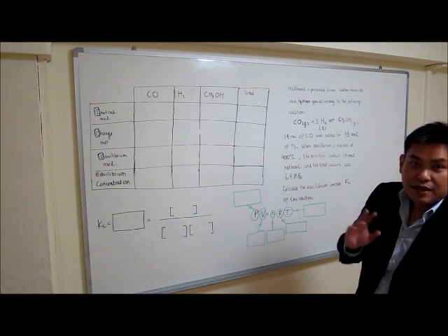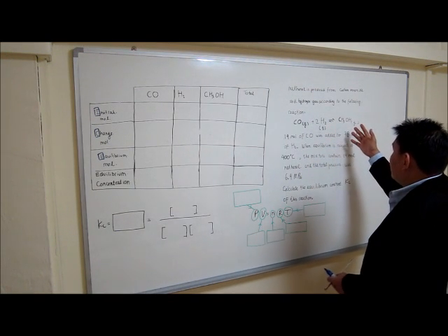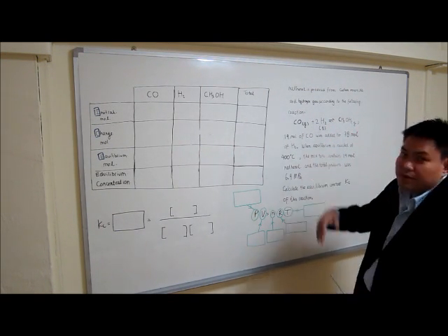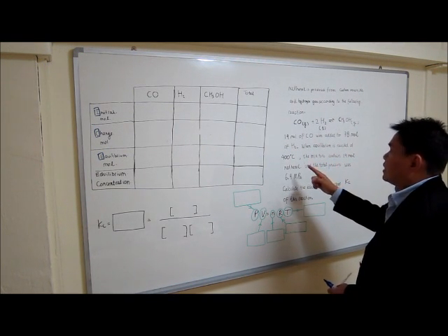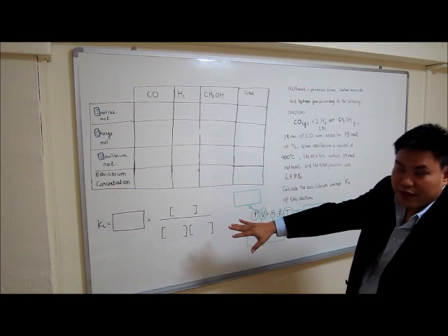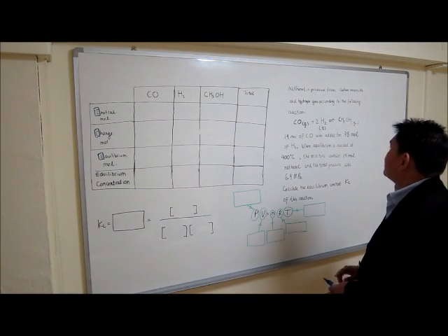So we start by putting information from the question into the ICE table and Kc formula. So what to do?